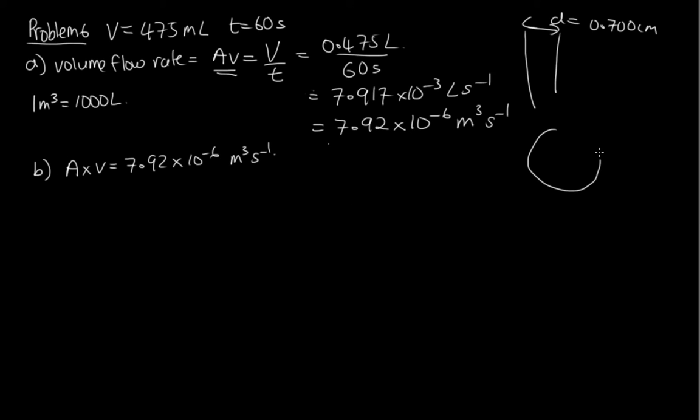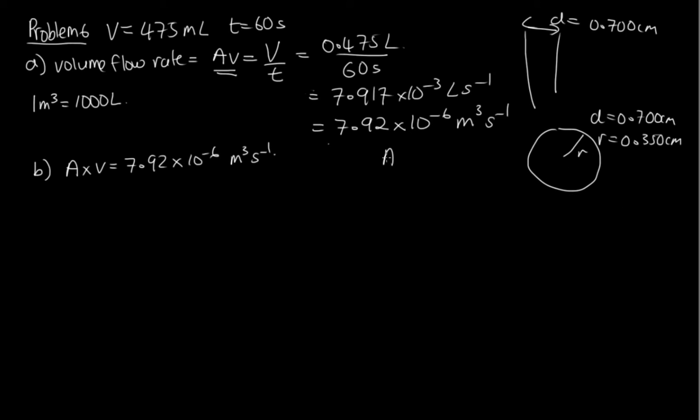Now, the water leaving the tap is shaped like a circle. We know that its diameter is equal to 0.700 centimeters, and so the radius, half the diameter, is 0.350 centimeters. So what we can do is substitute this into the area of a circle formula.